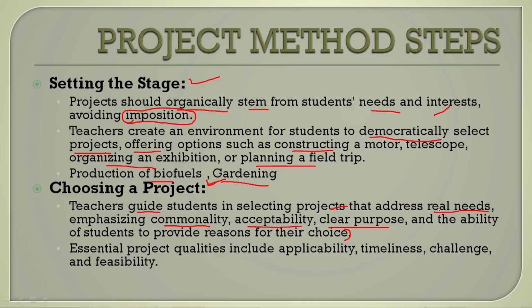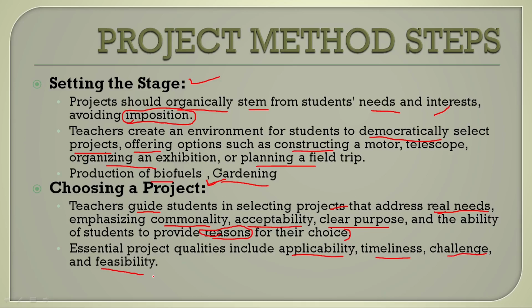They must address real needs, they must have commonality, they must be acceptable to all the people, and they must have a clear purpose, and students must be able to give reasons why they have chosen a particular project. The project qualities include applicability, timeliness, challenge, and feasibility.